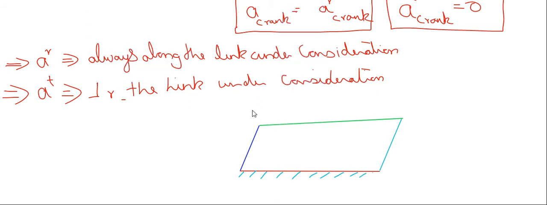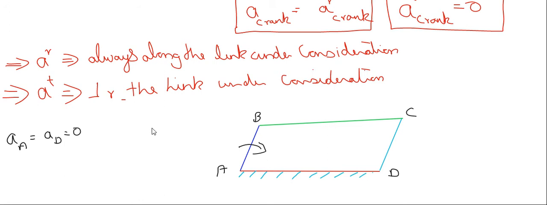If a velocity is given to this one, and A, B, C, D is the name given, A and D will not have any acceleration. So acceleration of A equals acceleration of D, sorry, A, B, C, D. AD will be equal to 0, because there is no velocity at points A and D. We have already seen how to draw the velocity diagram.